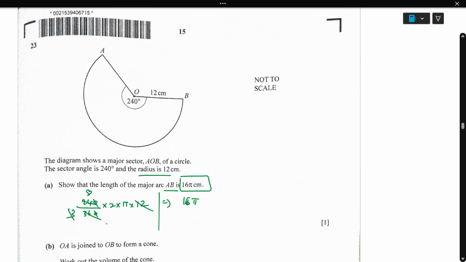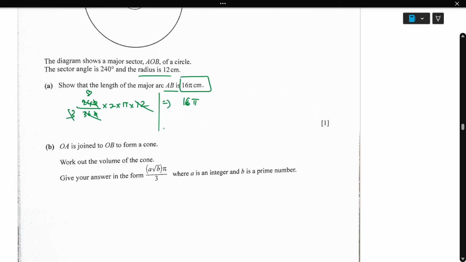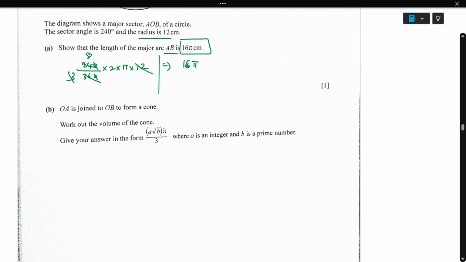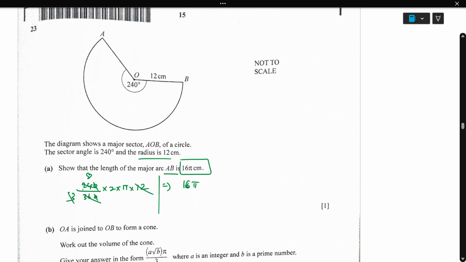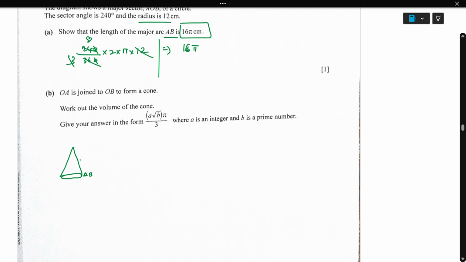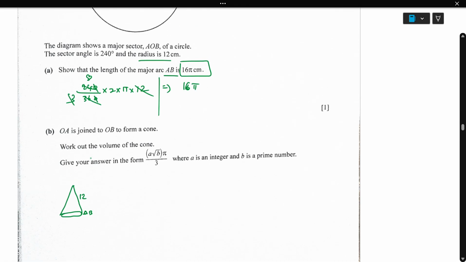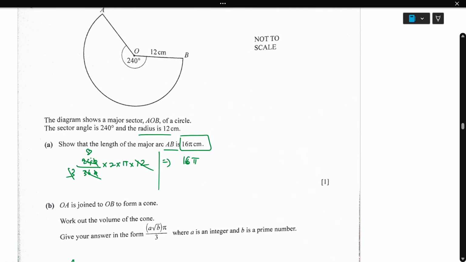Next, OA is joined to OB, both the radius, so it becomes a cone. It will become like this. A and B now join together. The slanting height is going to be 12.